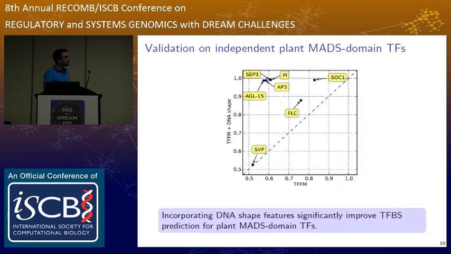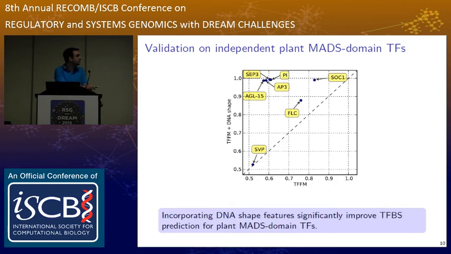And we validated that a little bit further by looking at a totally independent data set where we combined multiple MADS domain transcription factor ChIP-seq experiments from plants, 7 of them. And we've done the same analysis where you have here the area under the receiver operating curve obtained with the TFFMs and with the classifier combining TFFM score with DNA shape information.